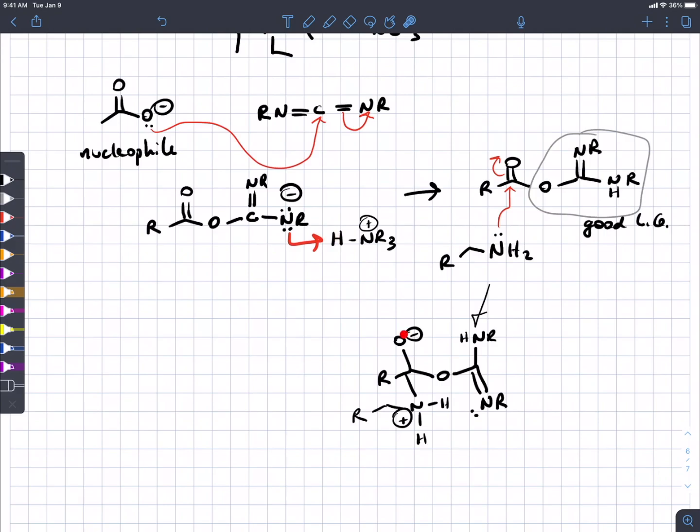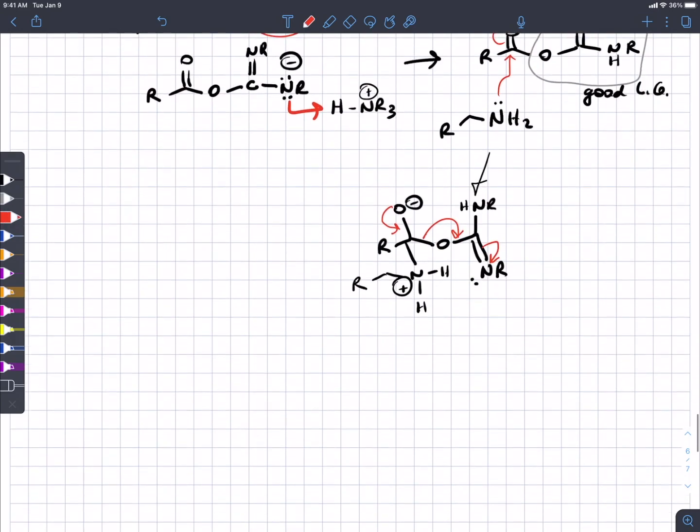If we have this oxygen kick down and kick off the leaving group, we're going to get another negatively charged nitrogen. But in this intermediate, the negatively charged nitrogen happens to be very close to that proton on the positively charged ammonium group. In fact, they're sort of in a six-membered hydrogen-bonded ring, or rather 1, 2, 3, 4, 5, 6 atoms apart.